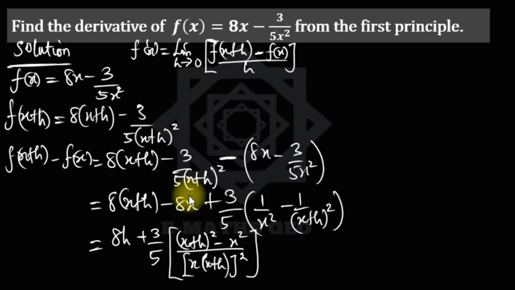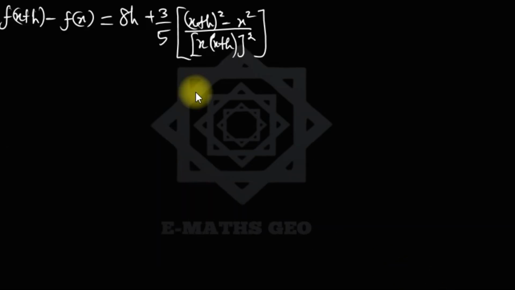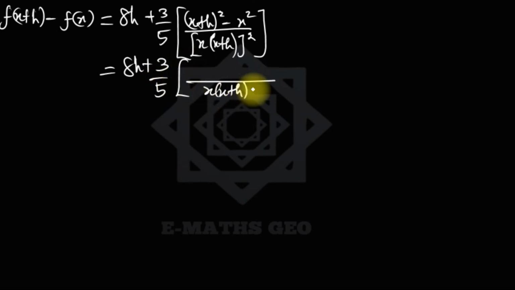Let's move to the next line. We can see that this is a difference of two squares. So difference of two squares: this plus this is 2x plus h, times this minus this is h.